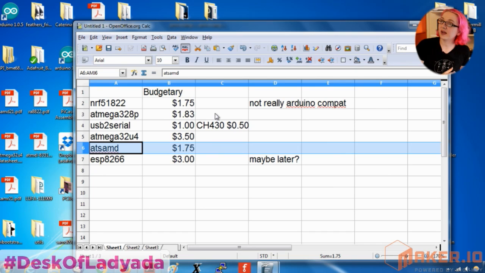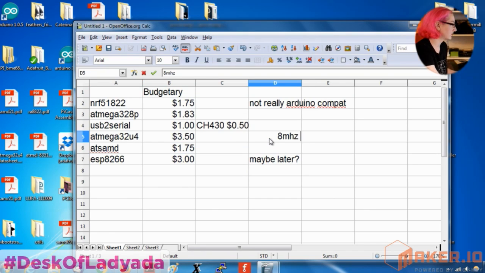Then at the last moment, I contacted some people from Atmel and said, hey, I'm about to make this Circuit Playground thing, and I was choosing between the 32U4 and the AT-SAMD. I said I really like the 32U4, even though it's a slower, older processor: 8 megahertz, 3.3 volt, 32K flash, and 2K RAM.